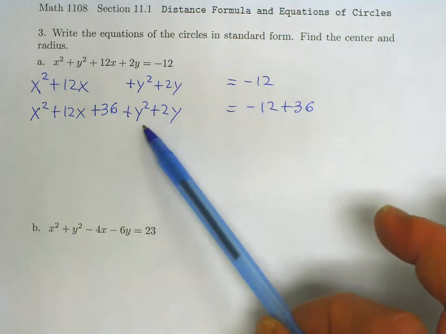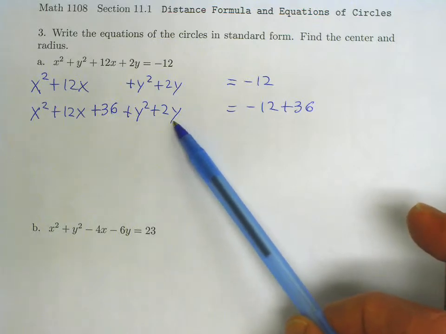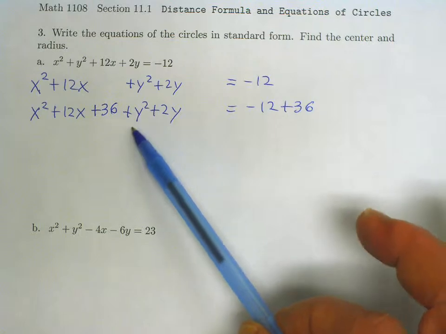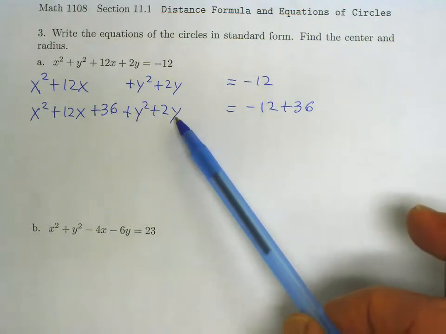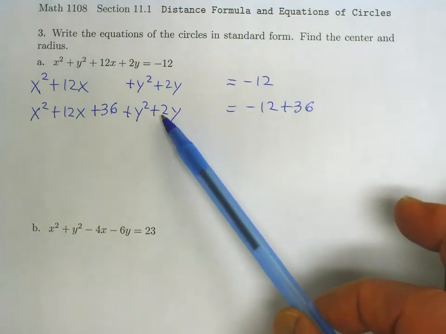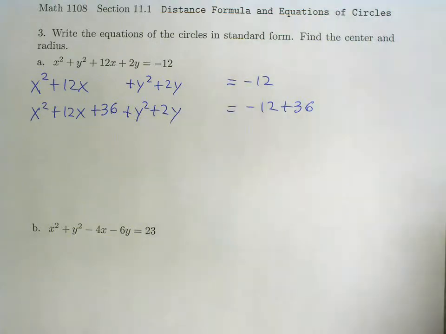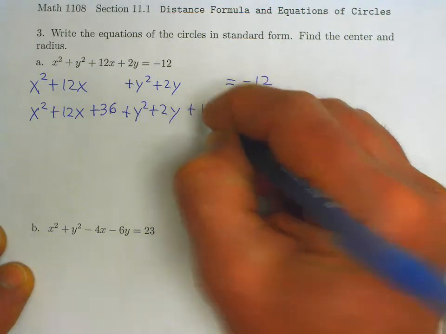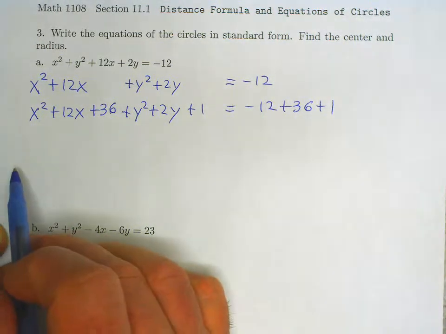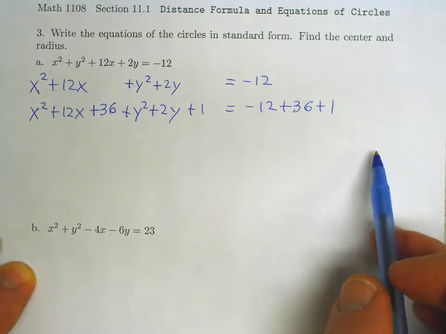Okay, then we're going to complete the square on y squared plus 2y. The coefficient of y squared is 1, so we take 1/2 of the coefficient of y and square it. 1/2 of 2 is 1, 1 squared is 1, so we're going to add 1 to both sides of the equation. And the next equation will be the standard equation.